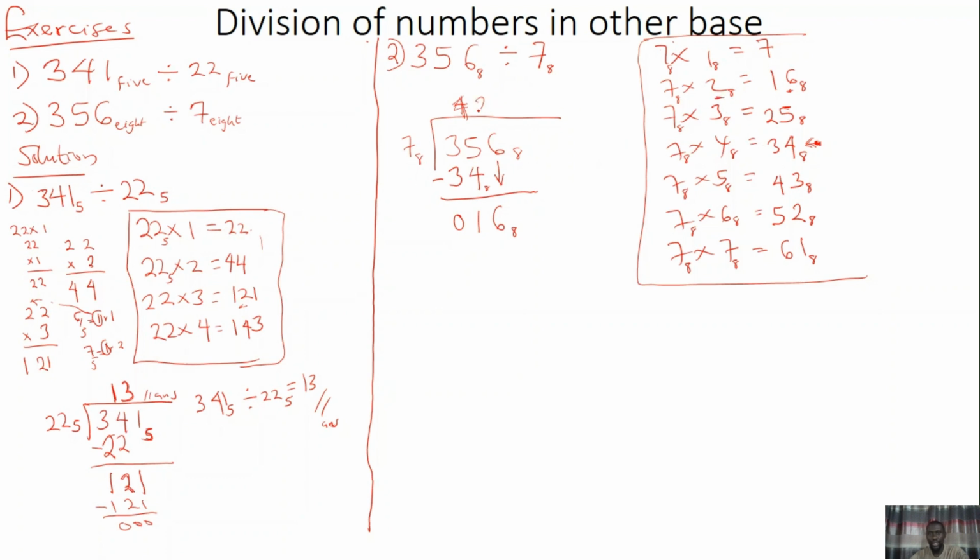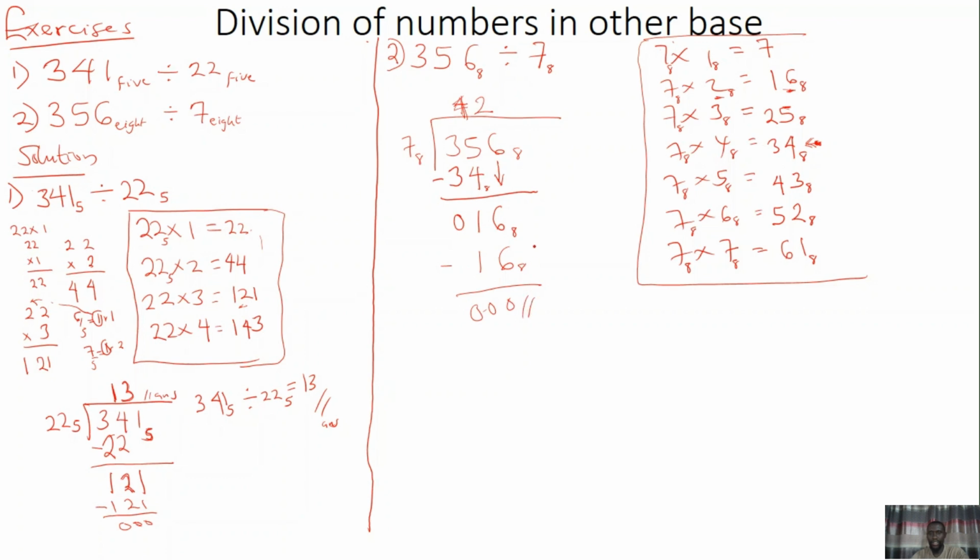We're going to write the 2 here. And when you multiply 7 by 2 in base 8, it gives you 16 base 8. Then you subtract this from this, and what you will get is 0.